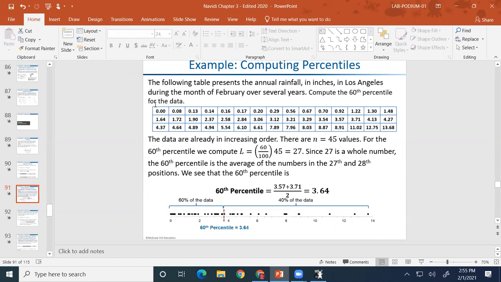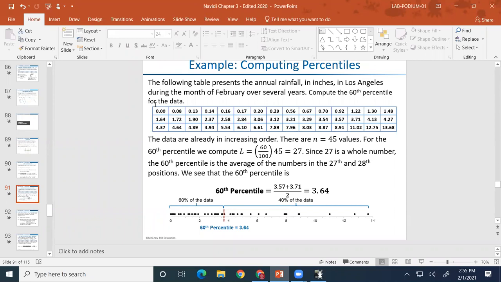Now this was an example of one where it comes out to a whole number. So the 60th percentile, and remember, that's just 0.6. I don't know why they have to put it over 100, but just to show you that that's 0.6 times 45.